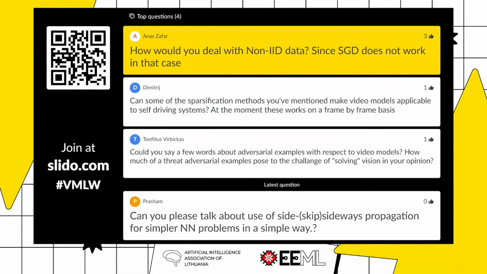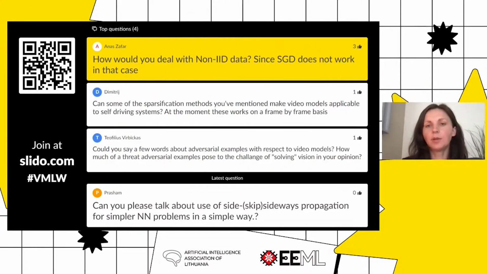Right. So I think in Sideways, we are trying to exploit the fact that the data is correlated, to exploit the redundancy and the correlation that we have in videos. So we are still computing gradients for a sequence, and we are averaging.